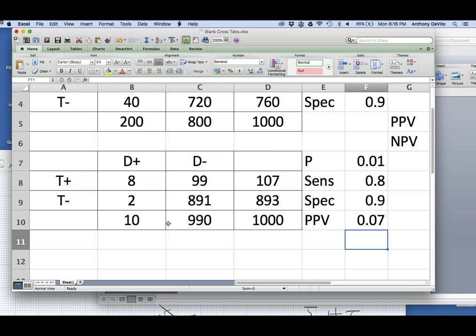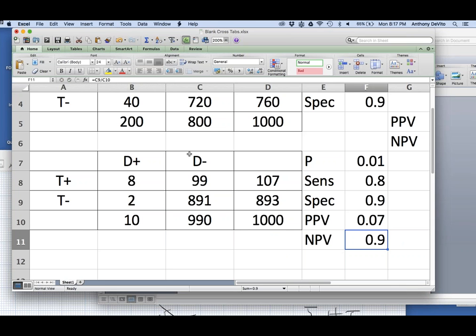Positive predictive value, let's look at negative predictive value here while we're at it. That's going to be pretty good, isn't it? So if you test negative, that means that 891 people out of 990 don't have nickel sensitivity.